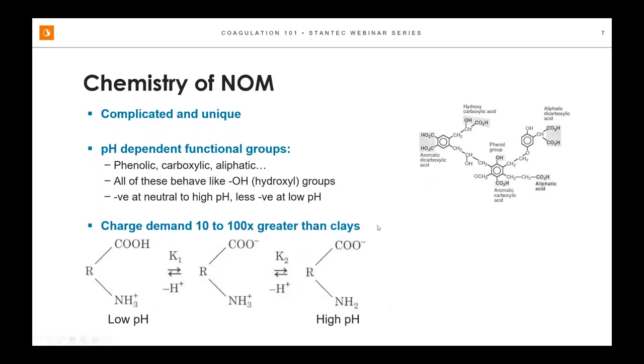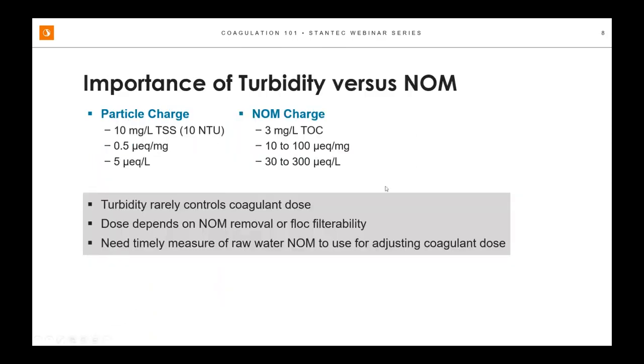And then the second thing that we'll talk about is the charge demand of these organics tends to be 10 to 100 times greater than the charge demand that you would see in most waters from, say, clay particles. Okay, so if we took an example, if we looked at the particle charge on 10 milligrams per liter of suspended solids, and if that had a charge of half a milliequivalent per milligram, we'd have five charge units from the particles.